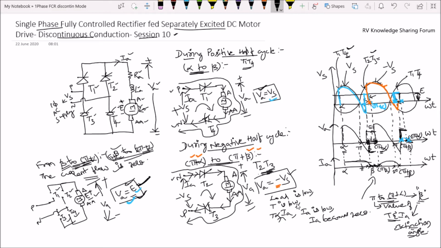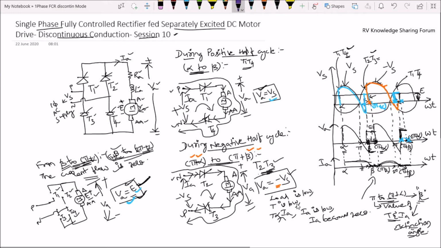At pi plus beta to 2 pi plus alpha, the current again becomes 0 because there is no current flow across any thyristors. Therefore, from pi plus beta to 2 pi plus alpha, the current is 0.